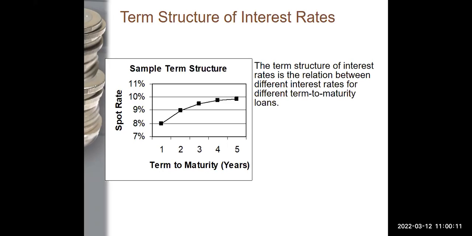So if you look at the current rate, the spot rate, we initially defined it as the current rate of the bond. If you look at the interest rates, as the maturity period is increasing, the interest rates on them are also increasing.